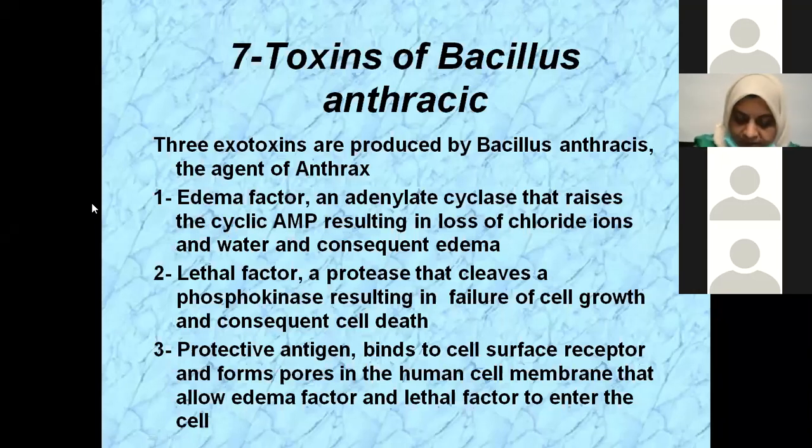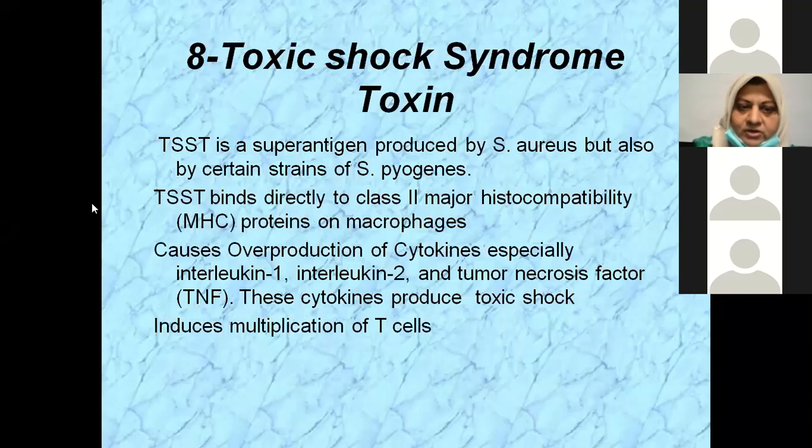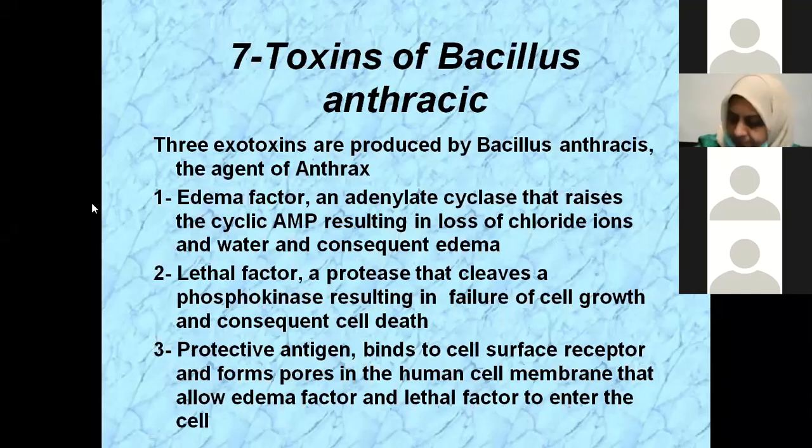They cause severe swelling, and this infection is acquired by people who deal with animal skin and animal hides, because this infection is common in animals. But if a person is involved in dealing with wool or animal hides or animal skin, they sometimes get this infection. So the three exotoxins cause severe swelling, edema, and consequent ulceration in the skin.